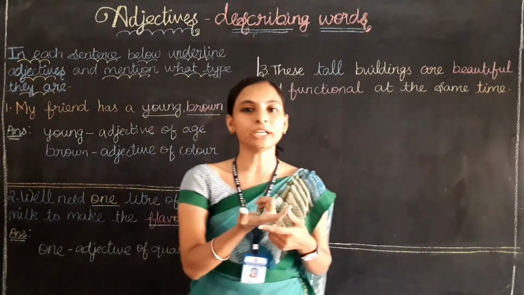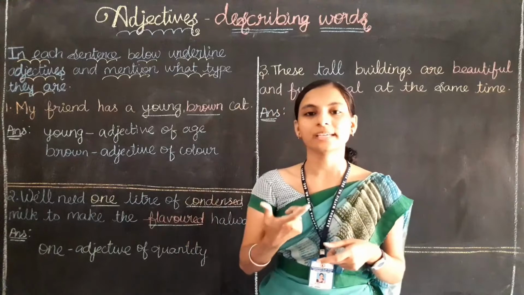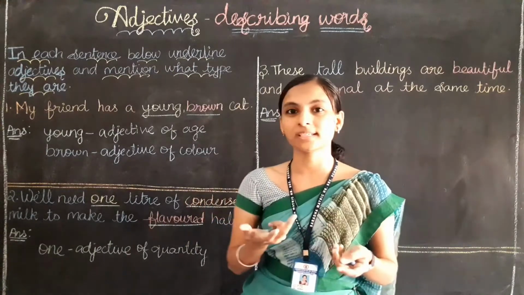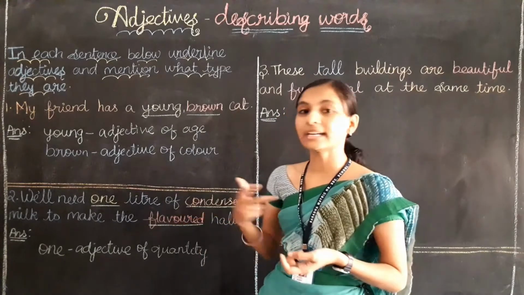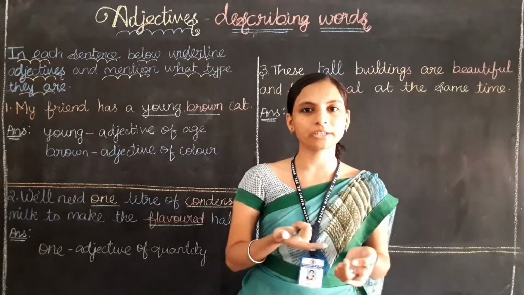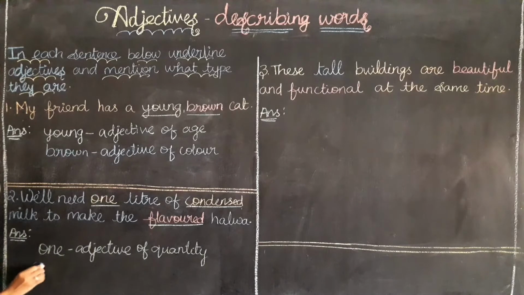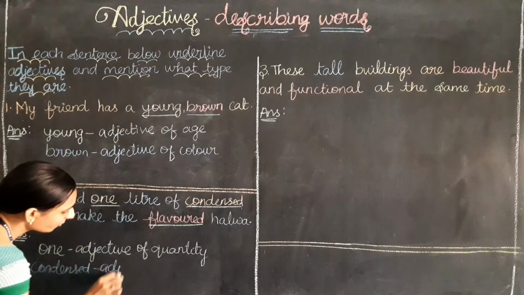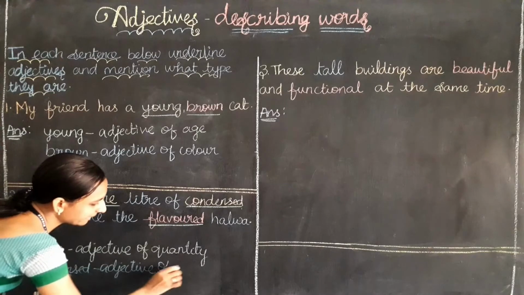It is the quality of milk. Which kind of milk they want, and it refers to the quality. So whether they want a white color, whether they want a lightweight milk or what, they want condensed milk only. So this word condensed talks about the quality of the milk. So that is what we are going to write. Condensed. It means it is the adjective of quality.